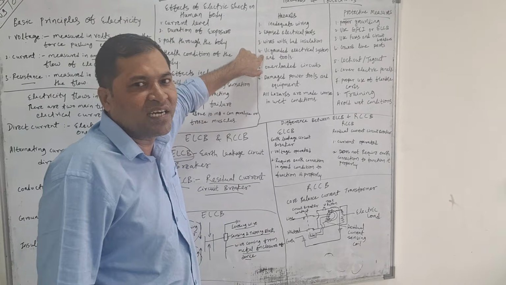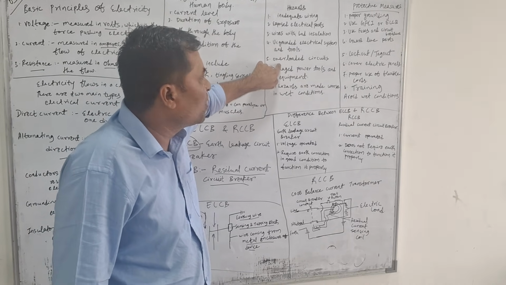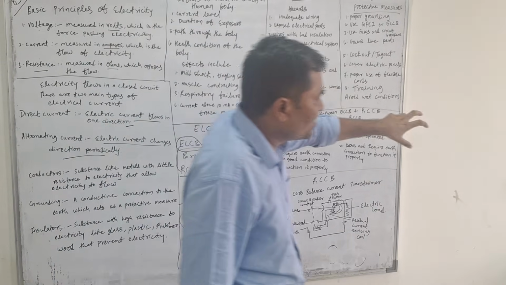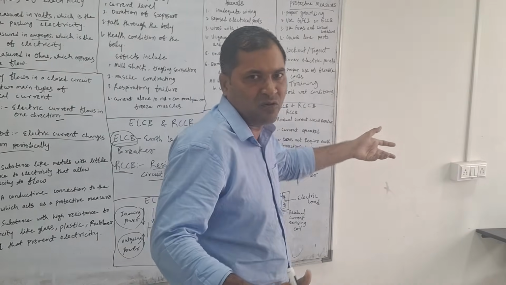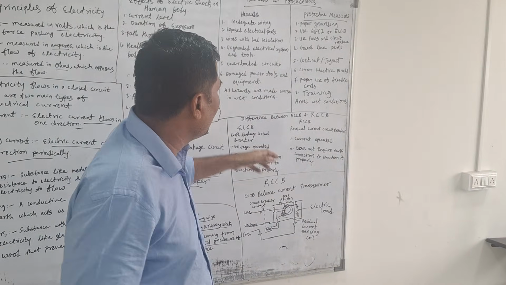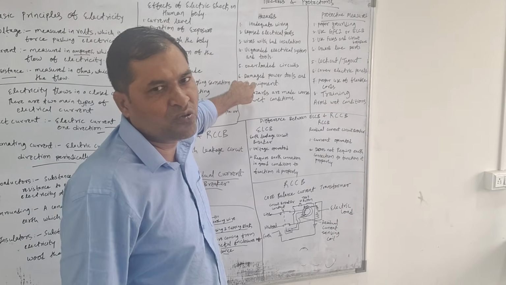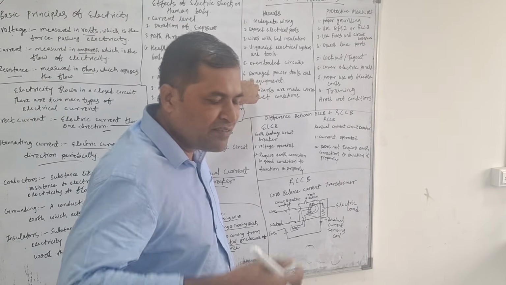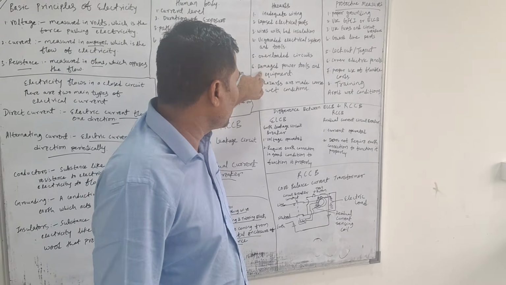Ungrounded electrical systems and tools, where there is no earthing system. Overloaded circuits, with many connections in one panel only. Damaged power tools and equipment: if you use already damaged tools, you will get a shock.